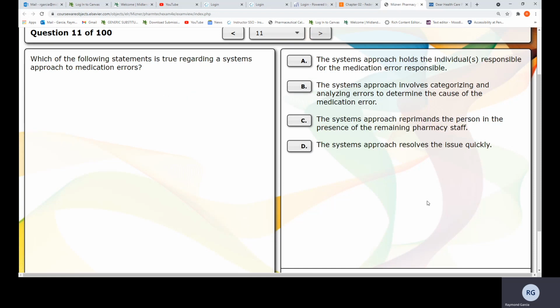Which of the following statements is true regarding a system approach to medication errors? The system approach holds individuals responsible for the medication errors. The system's approach involves categorizing and analyzing errors to determine the cause of the medication error. The system's approach reprimands the person in the presence of the remaining pharmacy staff. The system's approach resolves the issue quickly.